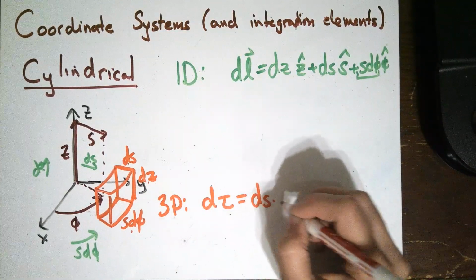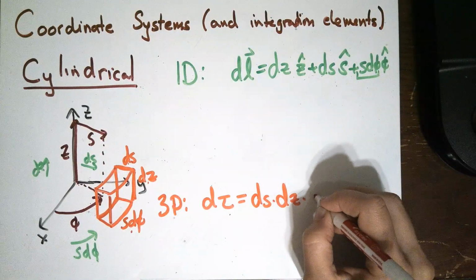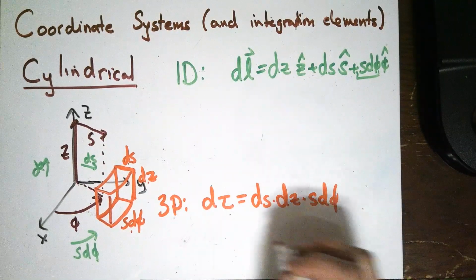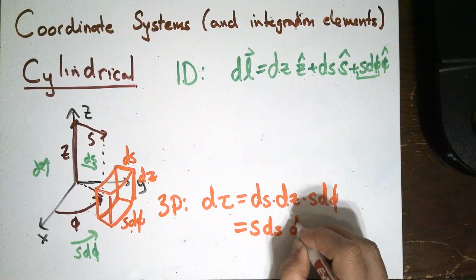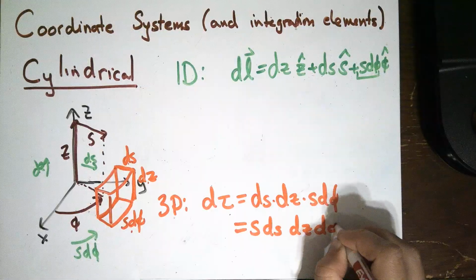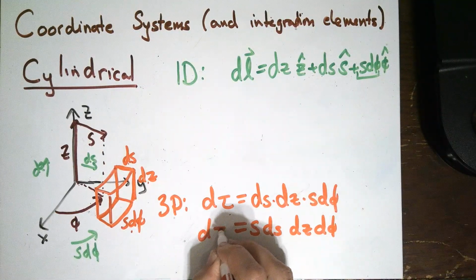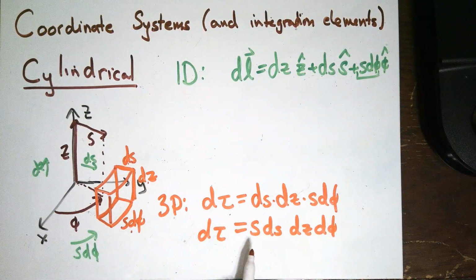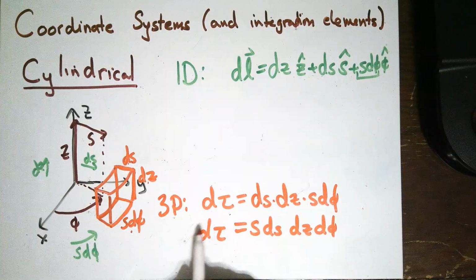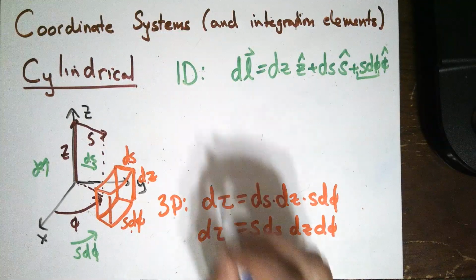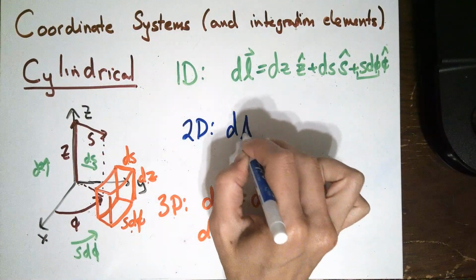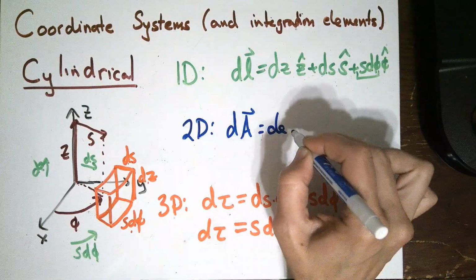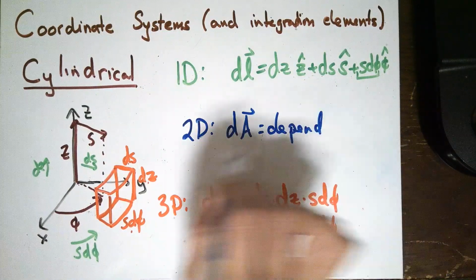Or ds times dz times S d phi, which if we clean it up a little bit is S ds dz d phi. And you can see how things are really getting messy because we've got variables in our integration elements.